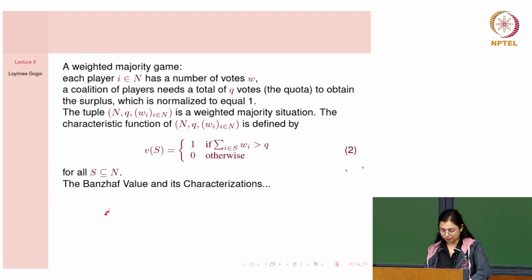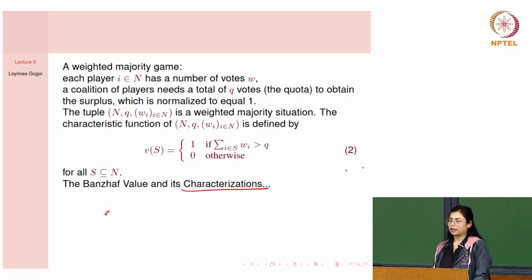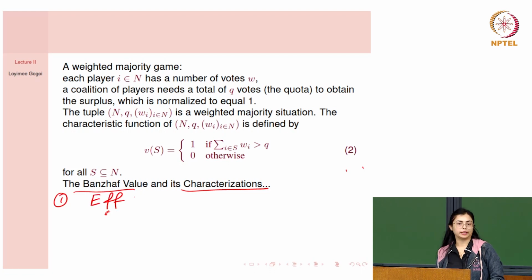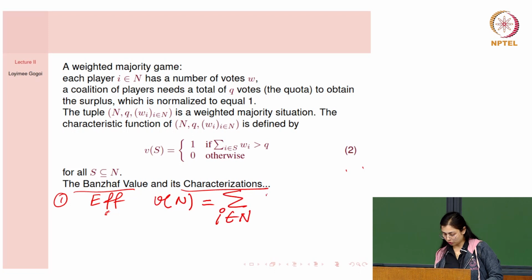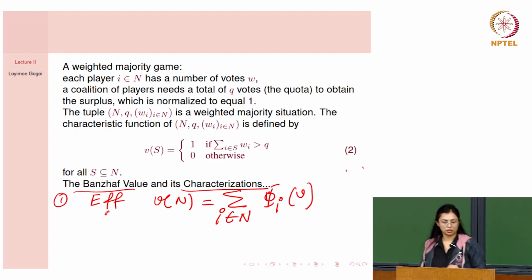Okay, let me give you the characterization for this Banzhaf value. As I said, this Banzhaf value will not satisfy the efficiency property. What is the efficiency property? As I mentioned, the sum of all the allocations should be equal to v of N, the worth of the grand coalition.